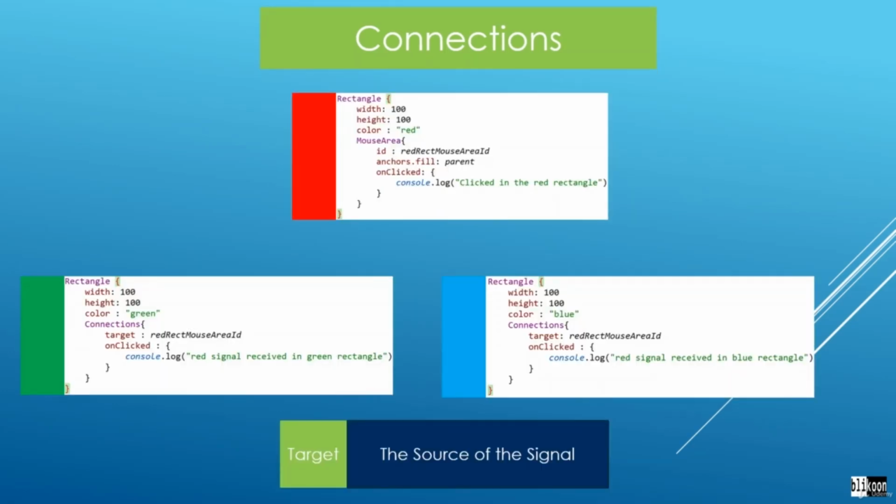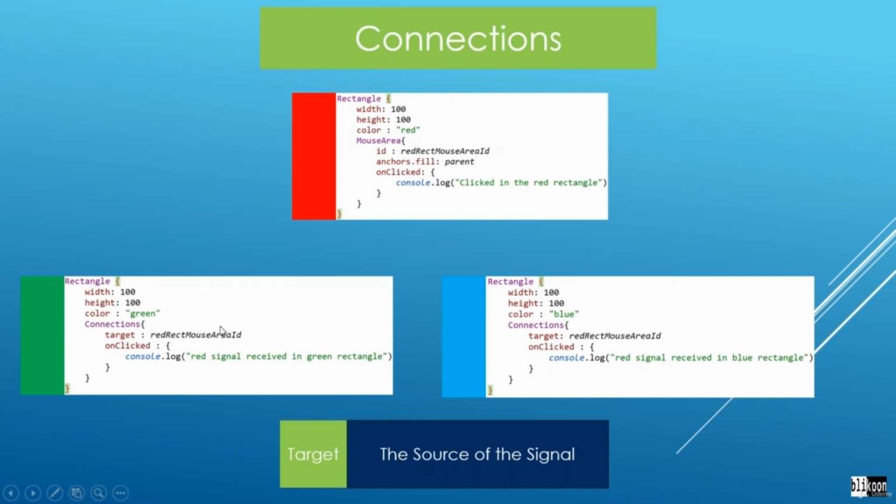How do we do that? Here we have an example. We have the red rectangle here, which has a mouse area. It has an ID here. And inside we have an onClicked signal handler. Inside we say that we clicked in the red rectangle. Down here we have two other rectangles, the green one and the blue one. And inside you see that we have a connections QML element.